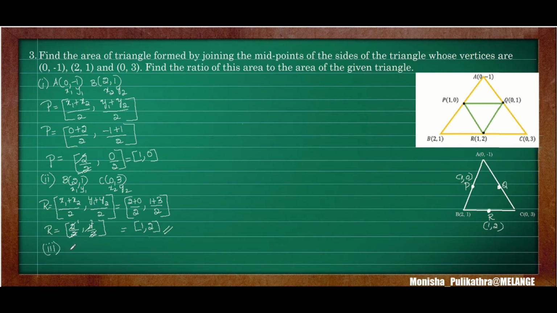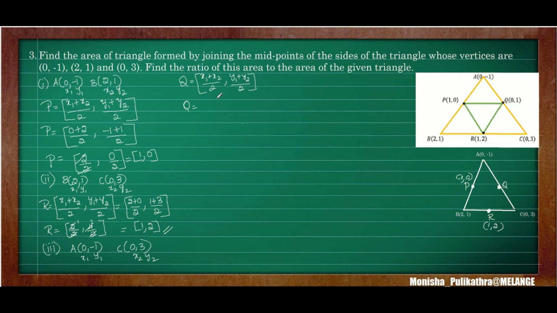In order to find out the value of Q, we need to take point A and point C. This is x1 y1 and this is x2 y2. So Q is equal to x1 plus x2 by 2, y1 plus y2 divided by 2.